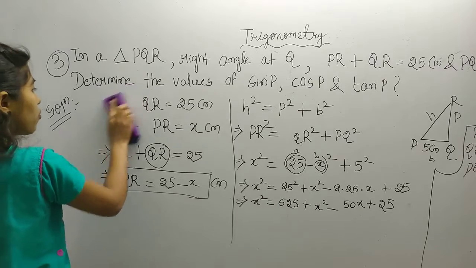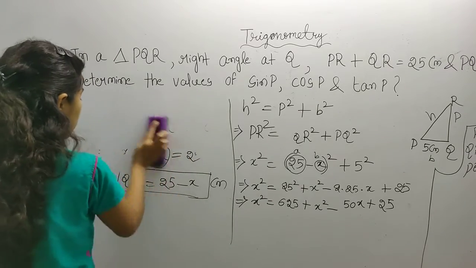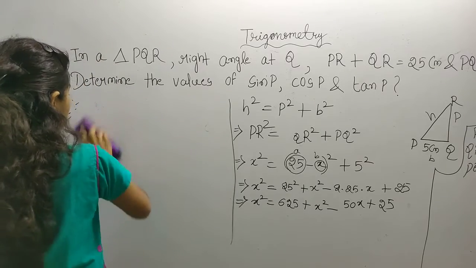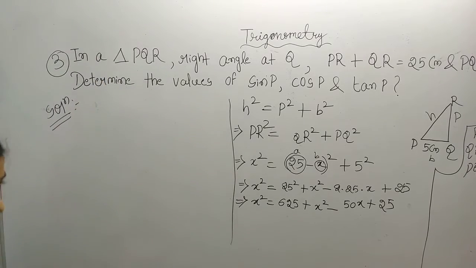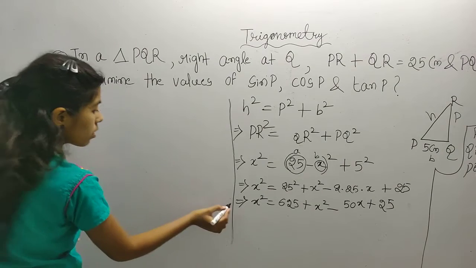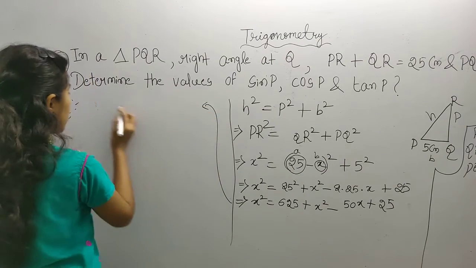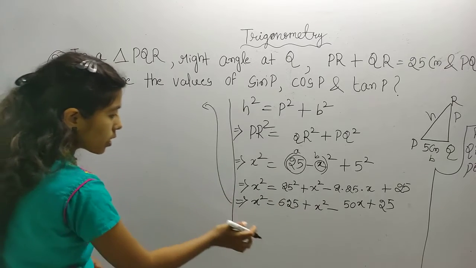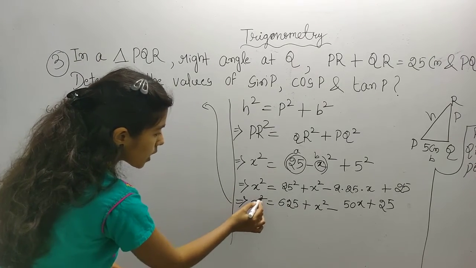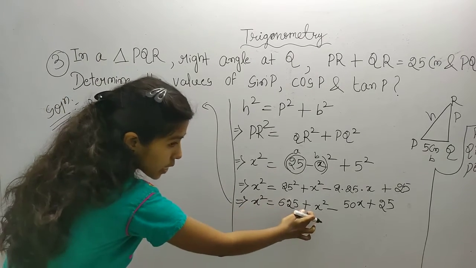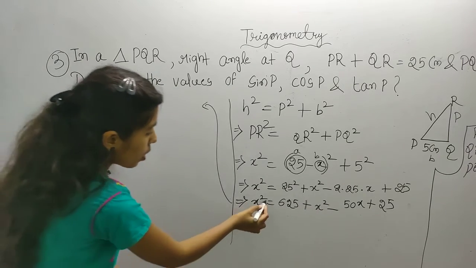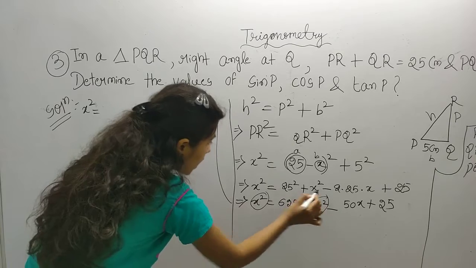So here, what you have to do, find this one: x square equals to 6. This x square is in positive sign, so we will bring it to the left side, because x square and x square are the same.